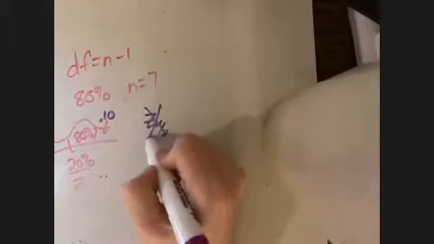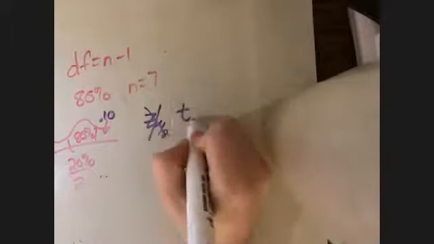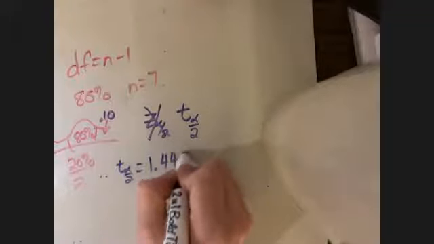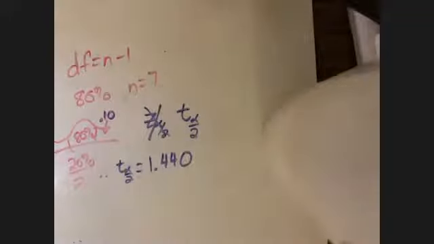So our number would be 1.440. Now, bring this all back into play: instead of Z sub alpha over 2, which was in the old section, this is now T sub alpha over 2. And so we got that our T sub alpha over 2 was 1.440. And that's what we got for that one.